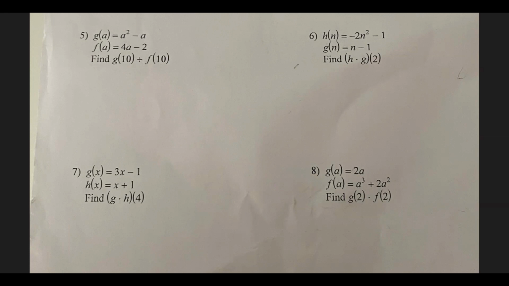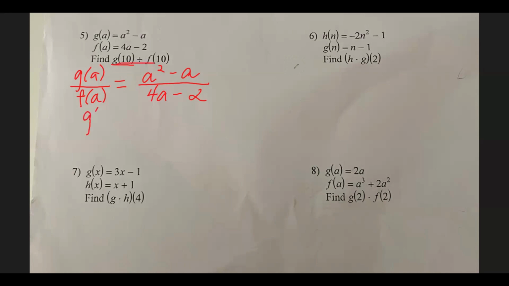Okay, I will write first, since the first one is g of a divided by f of a. Then let's replace the value. So the g of a is a squared minus a, then over 4a minus 2. Now, we need to find out this one. So g of 10 over f of 10.